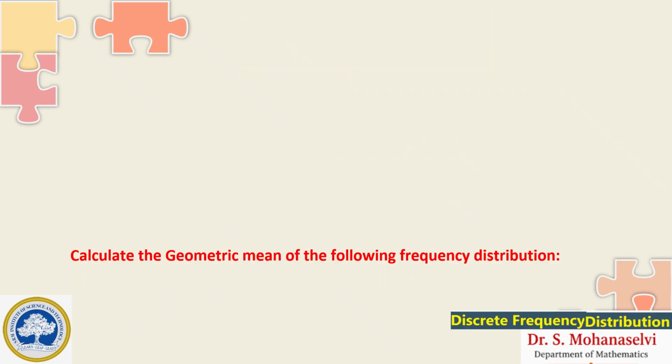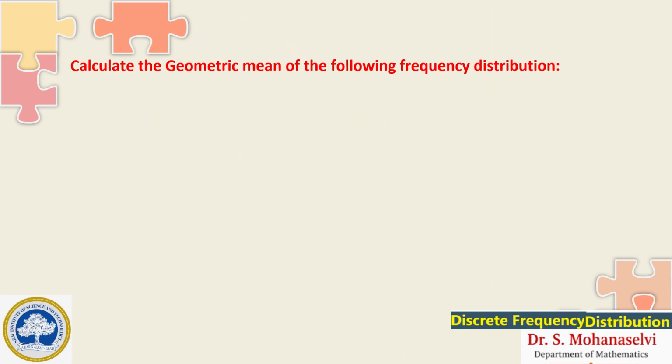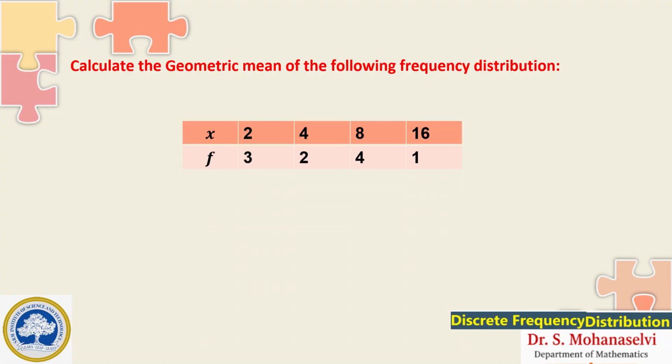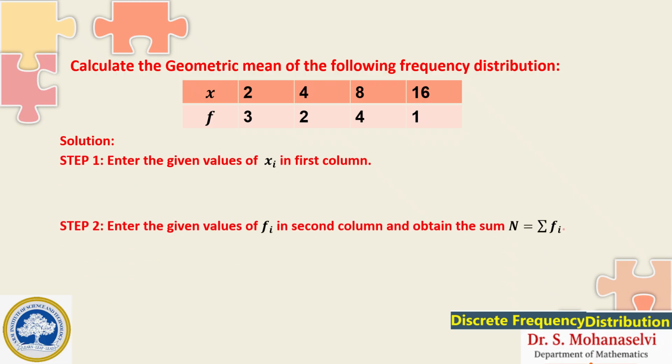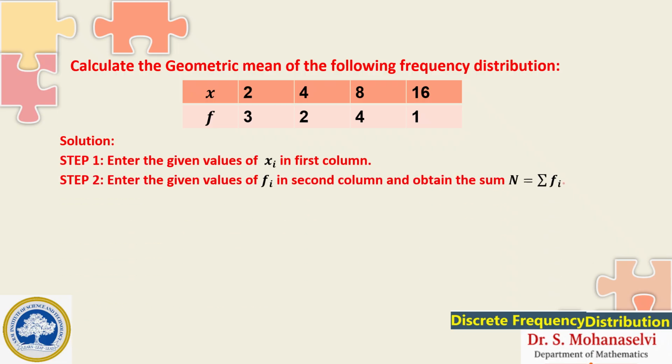Let us now calculate the geometric mean for a discrete frequency distribution. The observations are given along with their frequencies. Instead of multiplying all the values directly, we use the logarithmic method because it is simpler and faster. First, we write the observations and their frequencies in the first and second columns. Next, we find the logarithm of each of the xi's.